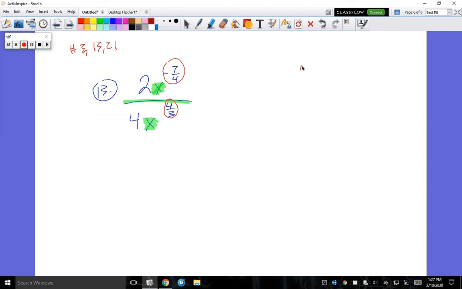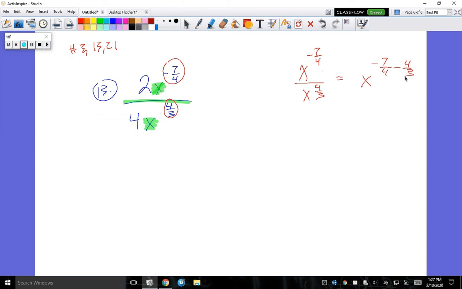So here we go. x to the negative 7/4 divided by x to the 4/3 is simply going to become subtracting those like this. Okay?